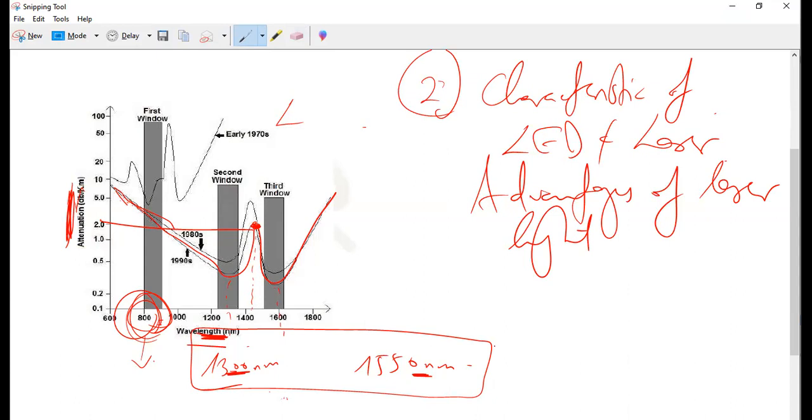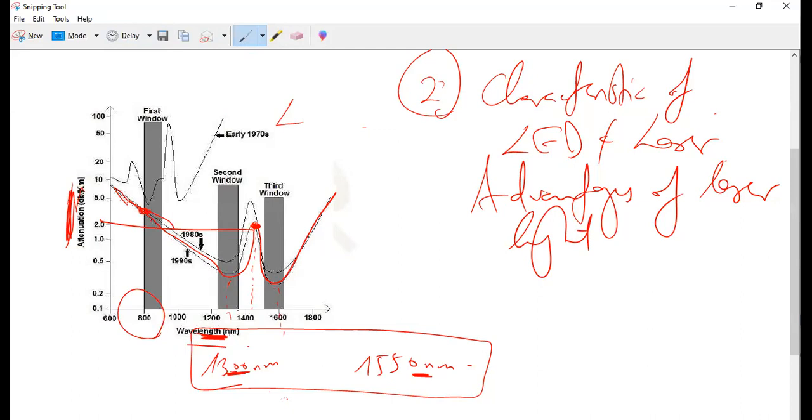Why I feel it's important is that when you study the characteristics of laser light and LED light, you encounter these wavelengths. Light is defined by its wavelength. For a given light, if the wavelength is 850, you see from this diagram the attenuation is high. That's a disadvantage.